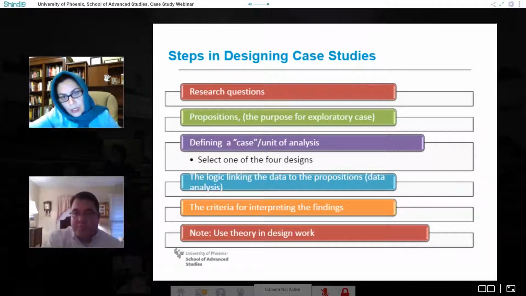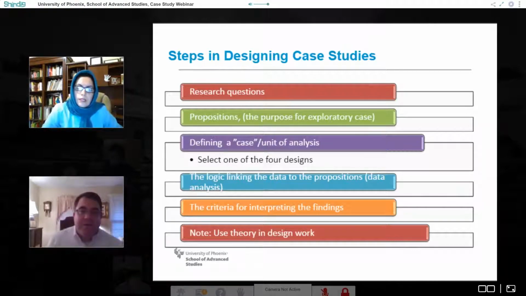If you see an emerging theme that is only in your interview but not in your survey or your archive data, then you may have a question mark: how did I end up with this, when my other data sources don't really confirm it? Yes, and I will talk about all of these.